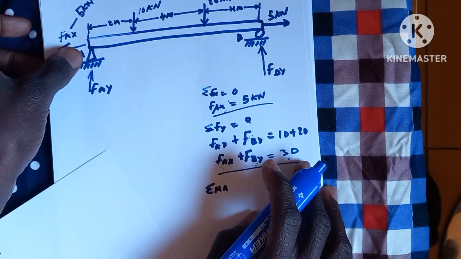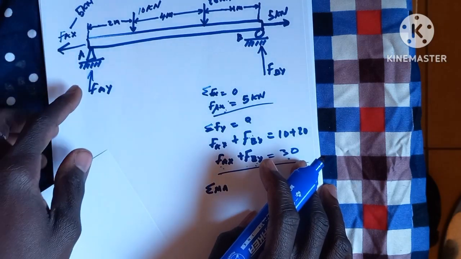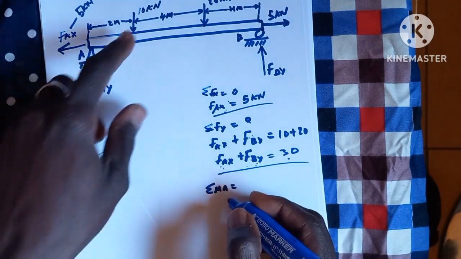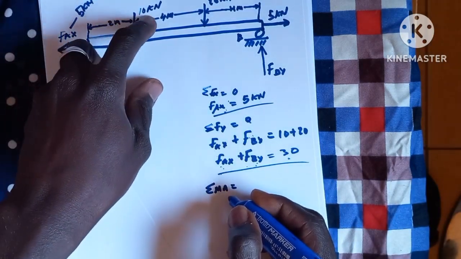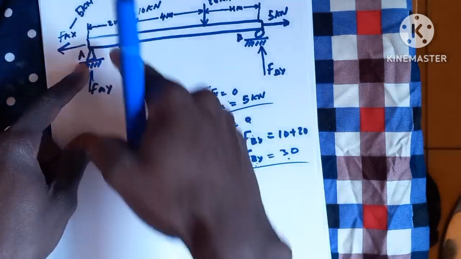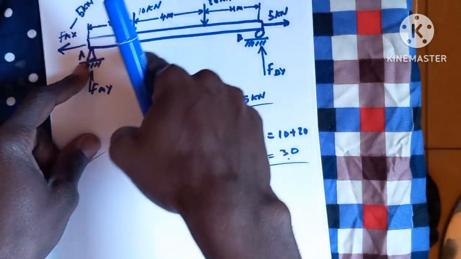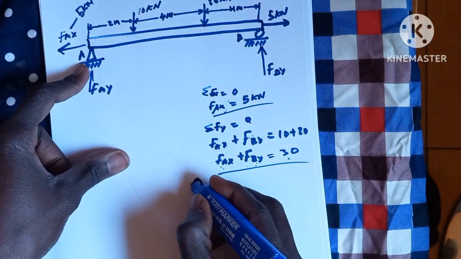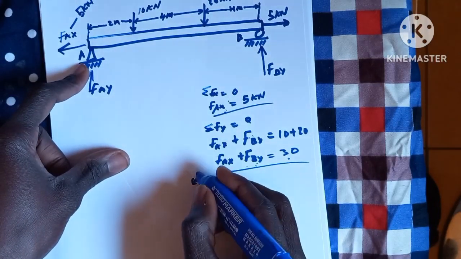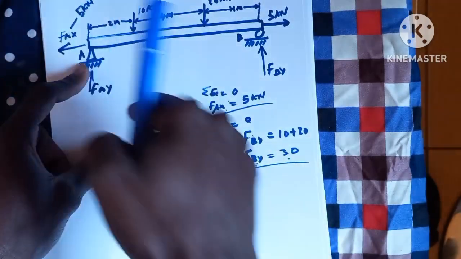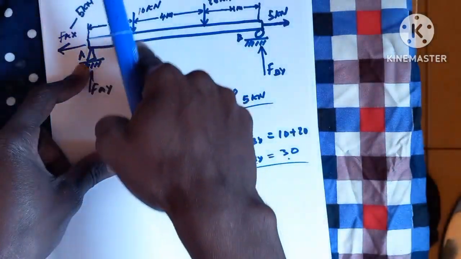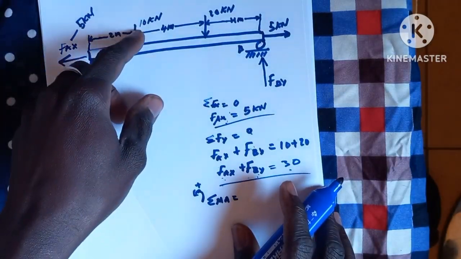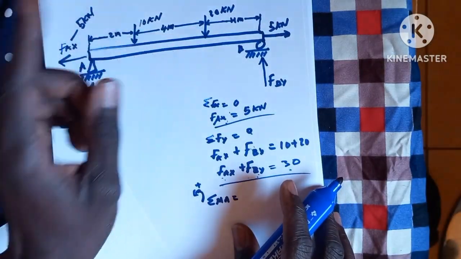I like to always start from A. Take my moment at A. The first force that's coming down, which is 10 kilonewton, is going in a clockwise direction. If we consider the anti-clockwise direction as positive, then the clockwise is negative, so this force going in a clockwise direction is negative.